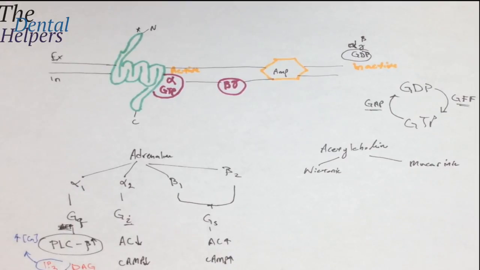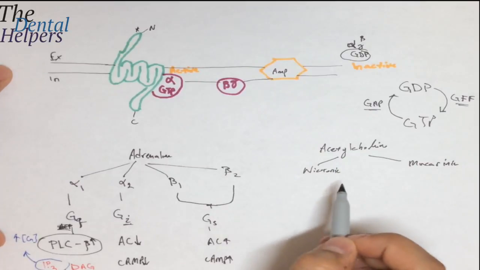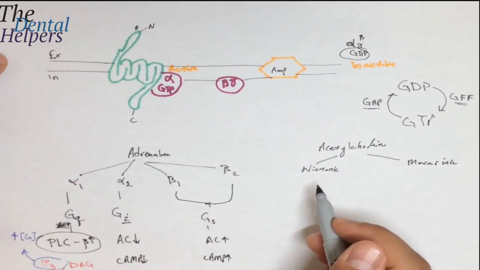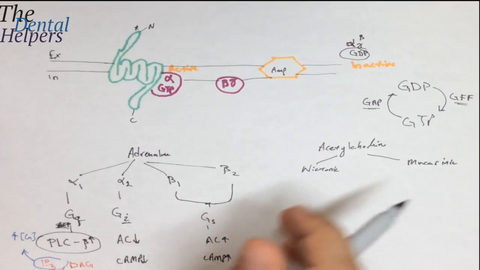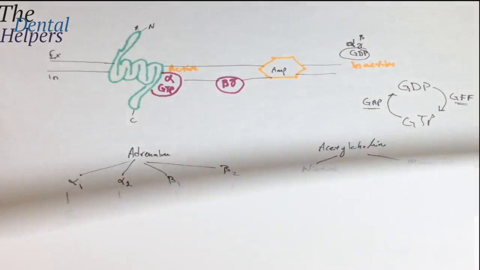Now, an example of the nicotinic would be your NMDA receptors, which are found in the brain. They typically have 4 subunits, it's glutamate, and then you have the properties associated. So let's look at this a little in more detail.